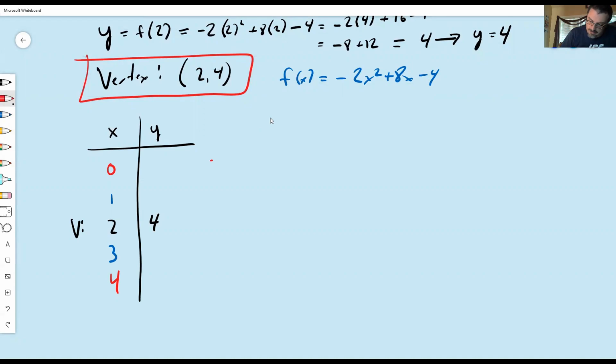So, all right, for 0, I have -2 times 0 squared plus 8 times 0 minus 4. So 0 plus 0 minus 4. So I have the point (0, -4) and the point (4, -4).